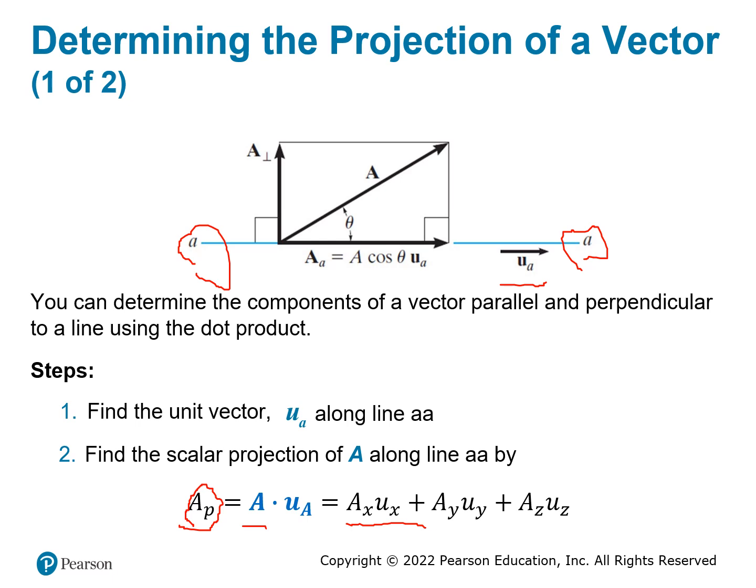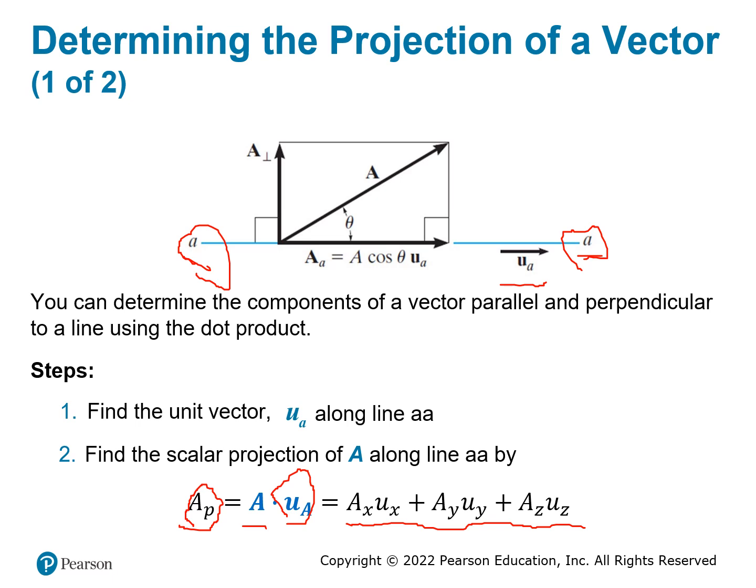If you find these two, it is going to be the projection of A along the line of AA. So it's very simple. How do you do that? First you need to find this u_A, right? Because normally this A is given. You need to find the unit vector A, which is this direction.